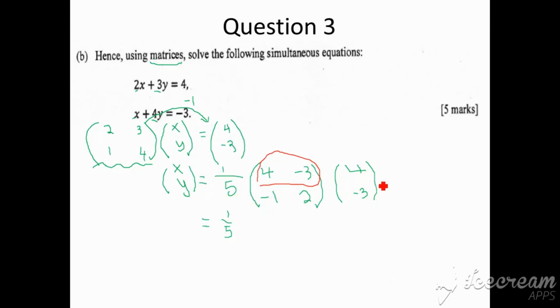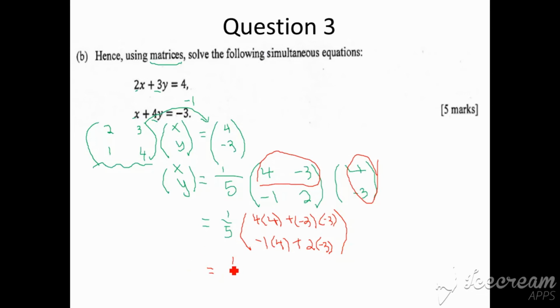Multiply horizontal with vertical. So 4 times 4 plus negative 3 times negative 3, and then negative 1 times 4 plus 2 times negative 3.